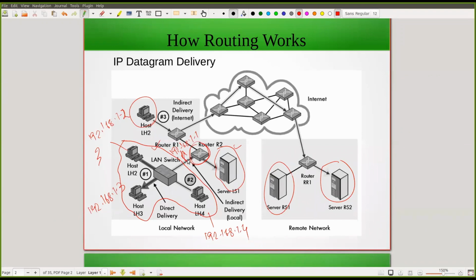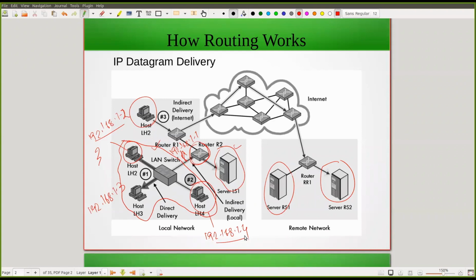Now my requirement is to send a packet from this machine to this machine, from host 2 to host 4. Whenever I send a packet from here to here, what is it going to do first?